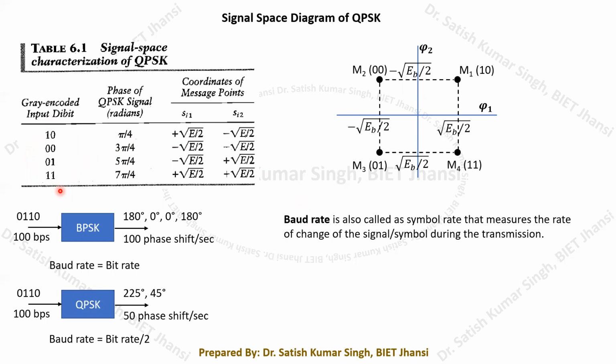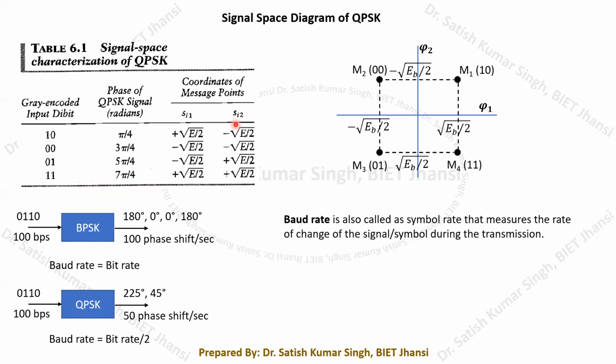For example, if we substitute certain values, then we can calculate the value of s1 and s2. These are the two coordinates of the message points that we have.